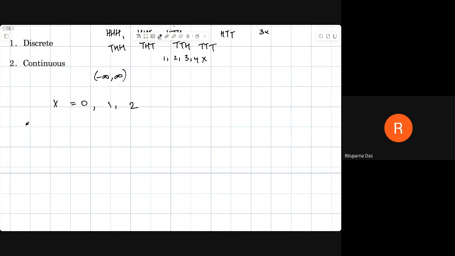For x equal to x, for random variable 0, the probability is 1 by 4. For 1, say the probability is 2 by 4. For random variable 2, the probability is 1 by 4. This is for example we are taking. So what happens here?